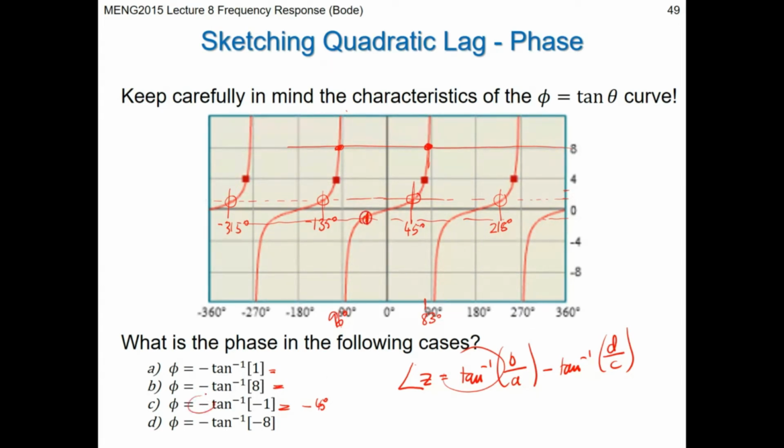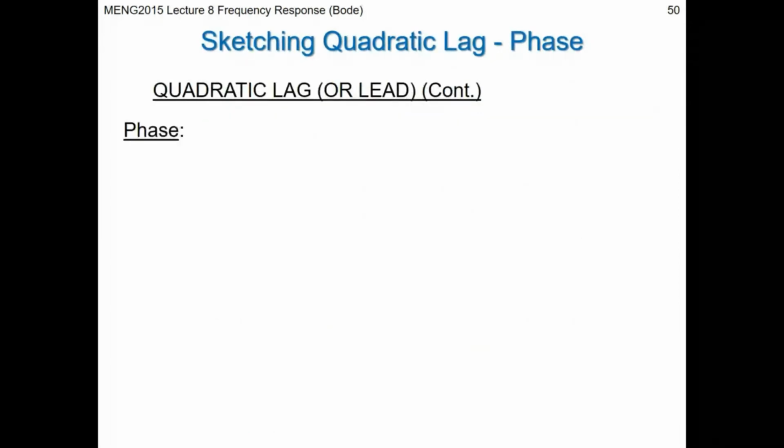But because it's the negative of the inverse tan of minus 1, then we're actually going to get plus 45 degrees. Beg your pardon. It's going to be plus 45 because it's the negative of that, right? So the answer on the tangent curve is minus 45, but the negative is plus. And so just keeping that in mind when we're looking at calculating phase.